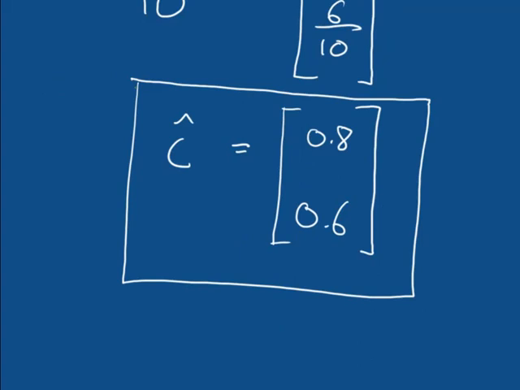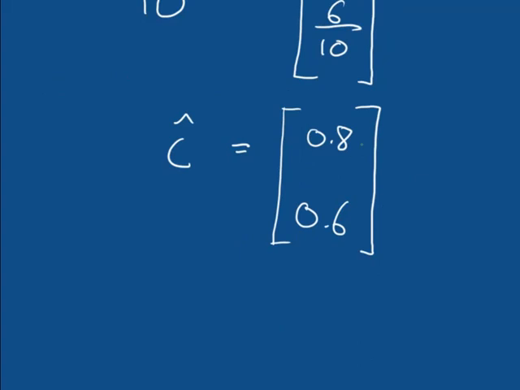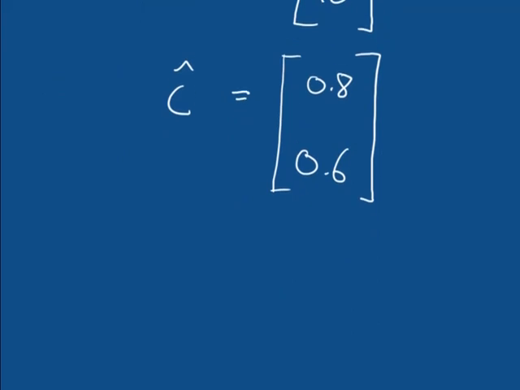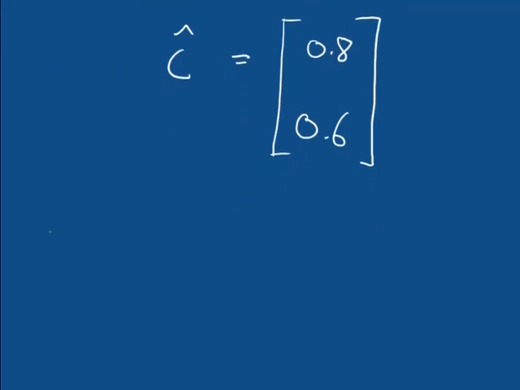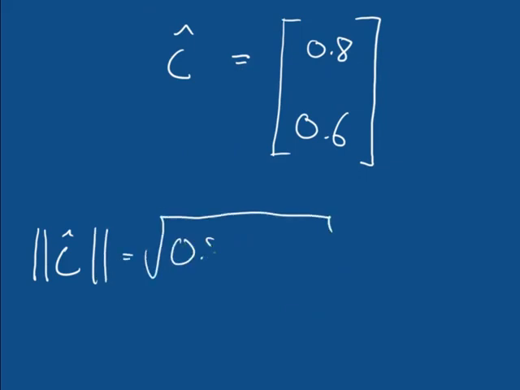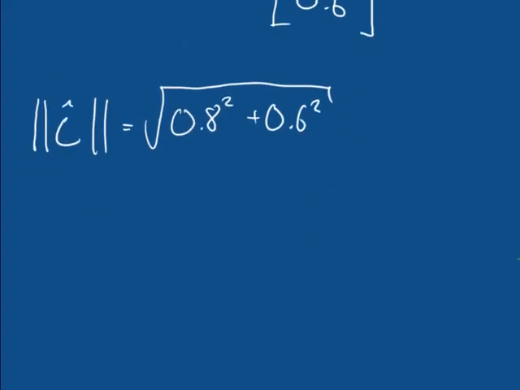But just to prove to you that our method does work, it does give us a unit vector, I'm going to do a little bit extra now. I'm actually going to find the length of our unit vector and prove to you that that length is a value of 1. So that's equal to the square root of 0.8 squared plus 0.6 squared.